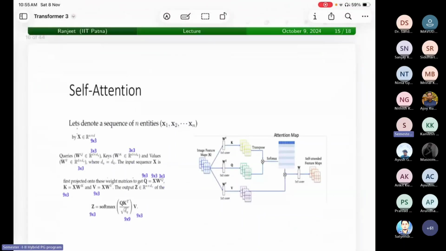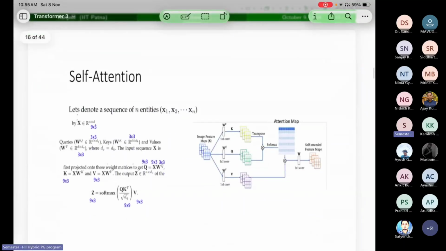Okay, so now I can take one simple example, just taking values for n and d. Suppose you have nine vectors, 9 words, and every word is represented by a 3-dimensional vector. So we have x equal to 9 into 3.